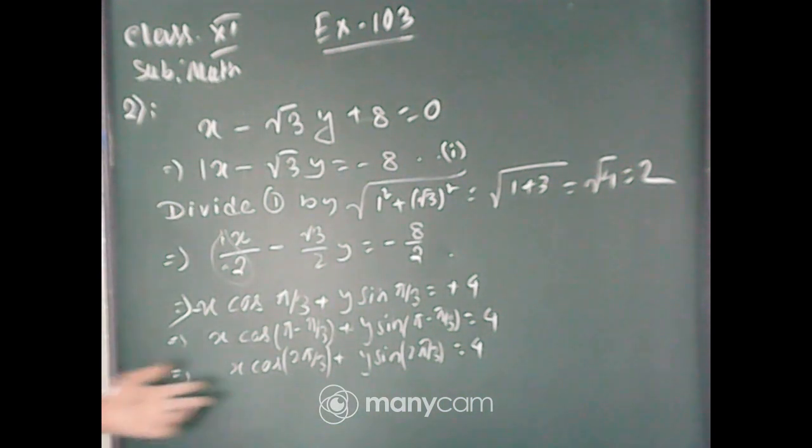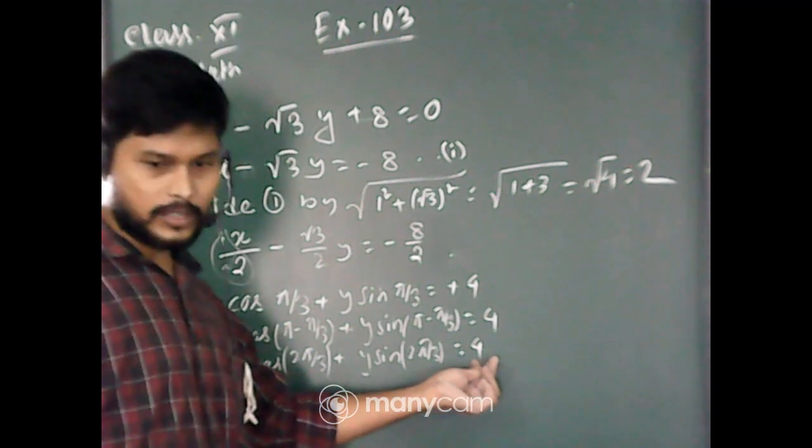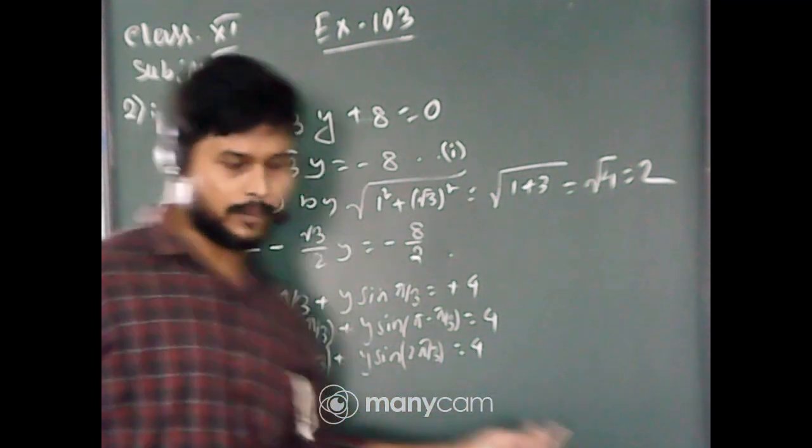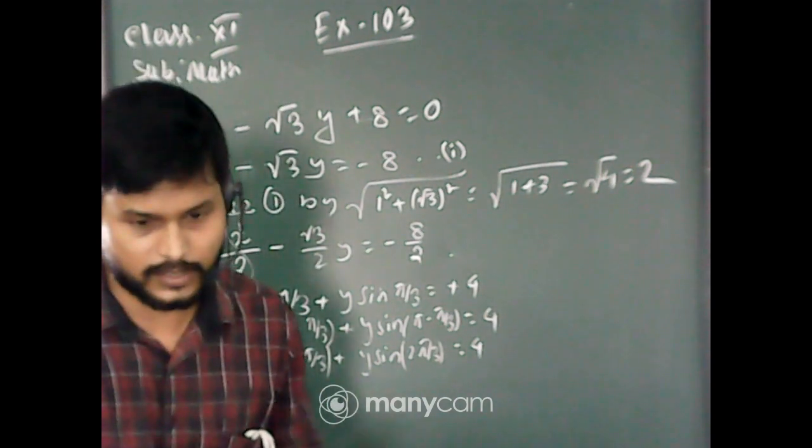Okay, so the perpendicular distance of the line is 4 units, and the normal makes an angle 2 pi by 3 with the positive direction of the x-axis.